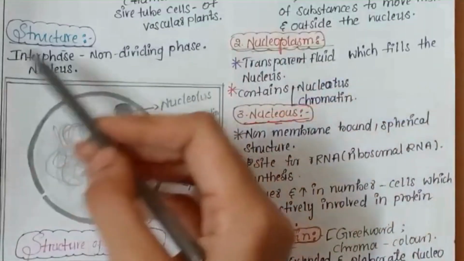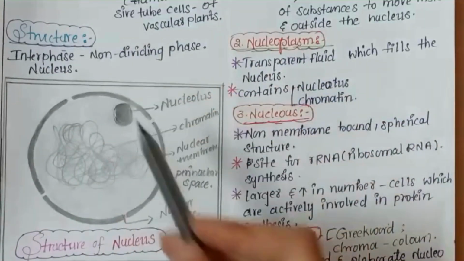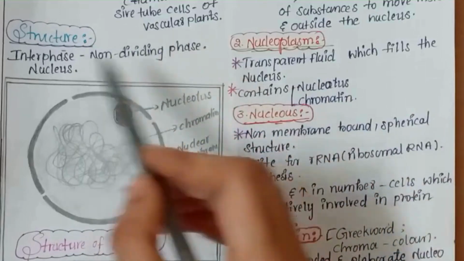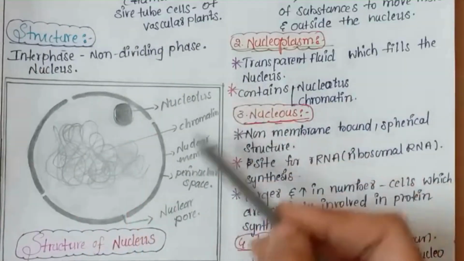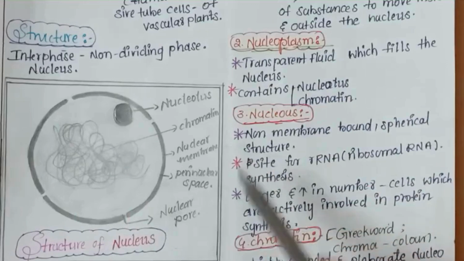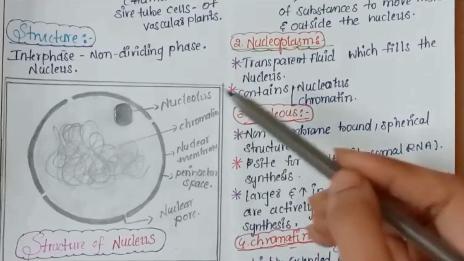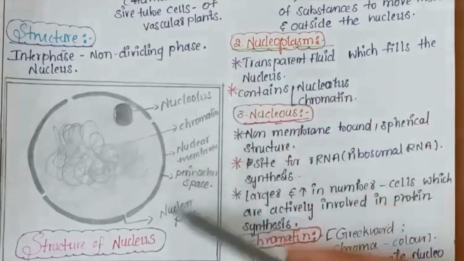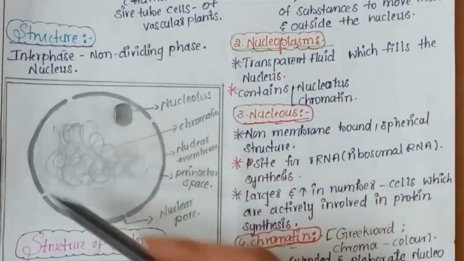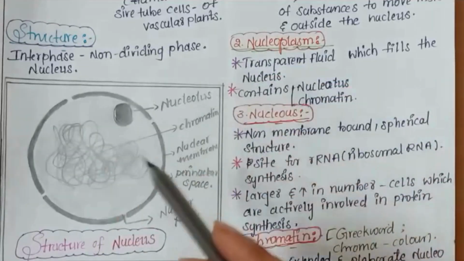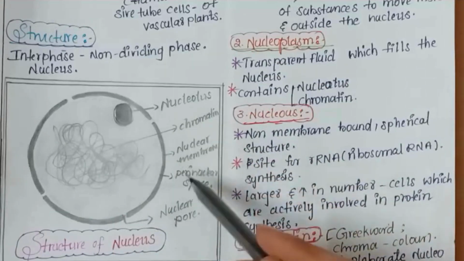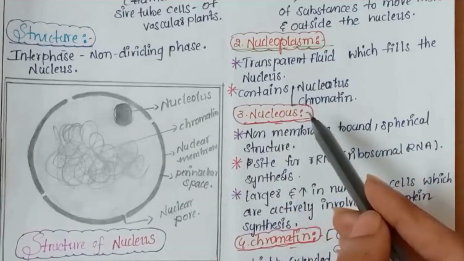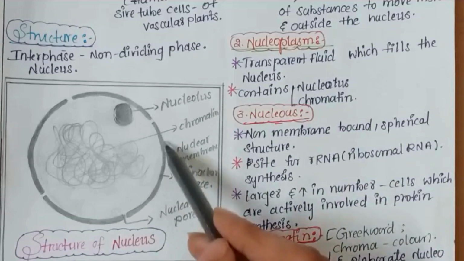Let's discuss the structure of the nucleus in detail. At the non-dividing phase of the cell, known as interphase, the nucleus has a nucleolus, chromatin, nuclear membrane, perinuclear space, and nuclear pore. Let's discuss each and every part of the nucleus in detail. Coming to the nuclear envelope, which is the membrane that separates the nucleus from the cytoplasm, it is differentiated into an outer membrane, which is continuous with the rough endoplasmic reticulum, and an inner membrane, which is smooth.